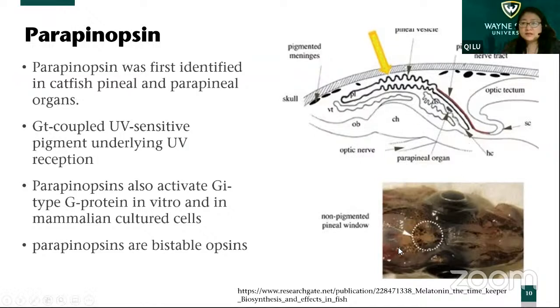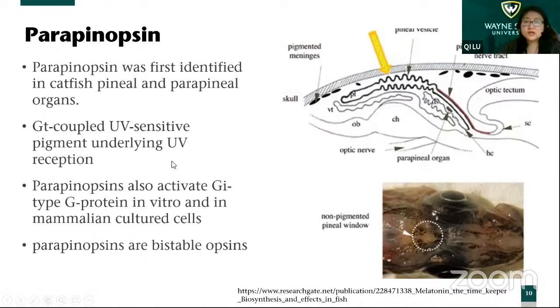It's located just at the center of the top of the head, and this part is a non-pigmented pineal window, so there are no pigment cells here. So light can penetrate the skin and the skull, the bones, and be captured by the receptors located just at the top of the fish's head.